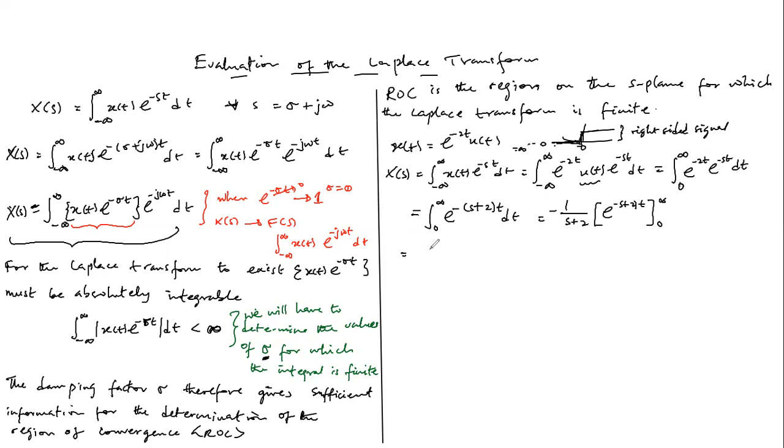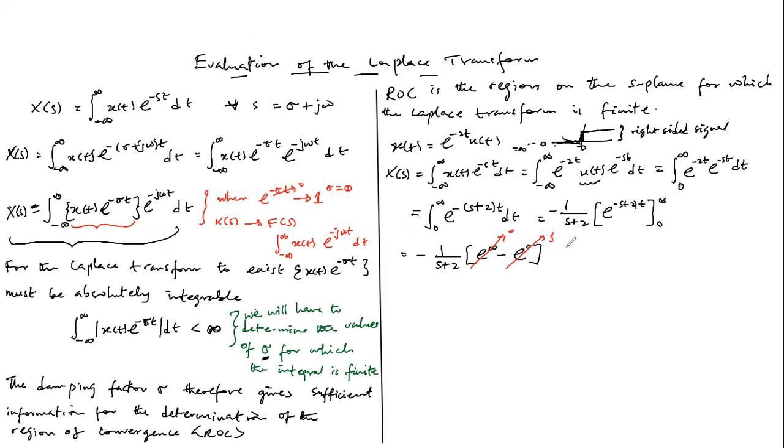So this will now give us minus 1 over s plus 2 into brackets e to the minus infinity minus e to the 0. So this will reduce to 0, and this is equal to 1.